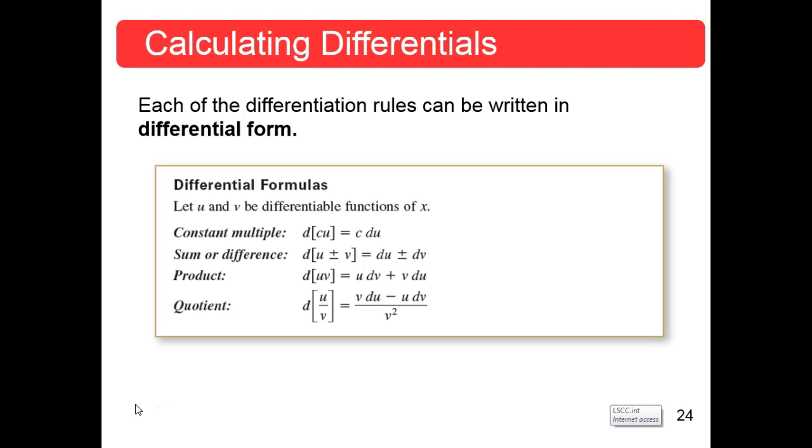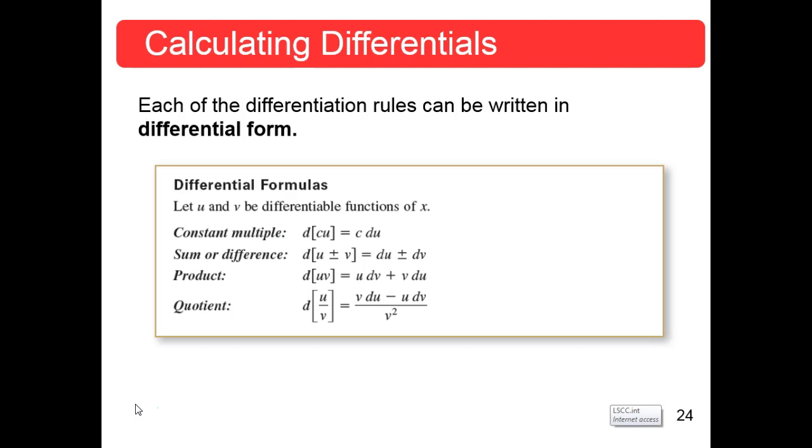There's one reason we're doing this right now. Look at what the next chapter is going to be: integration. Integration is going to undo differentiation, and it does it much better with differentials than it does with derivatives. So here's your product rule in differentials.